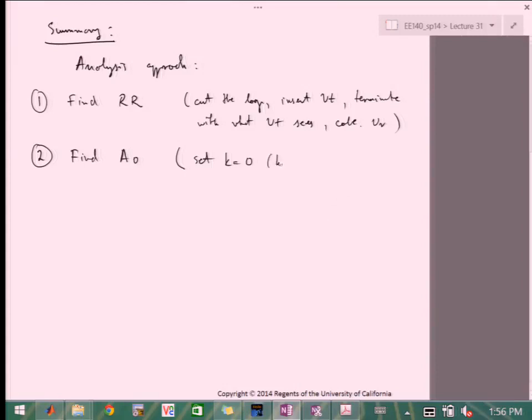So this means kill the dependent source, and then calculate S out over S in for K equals 0.